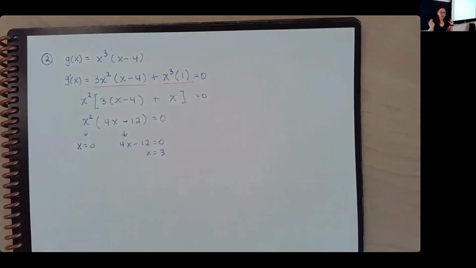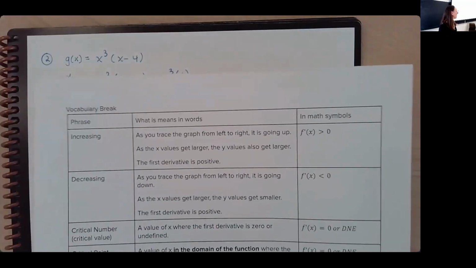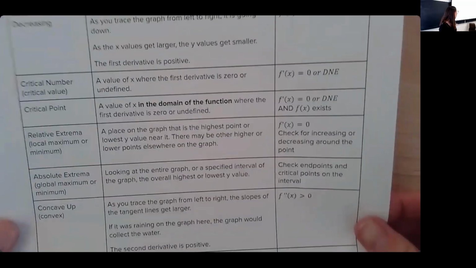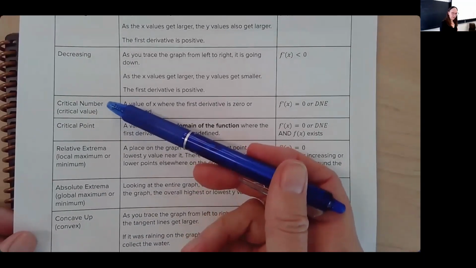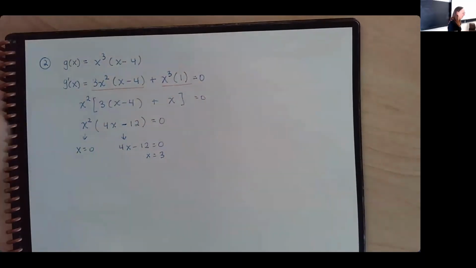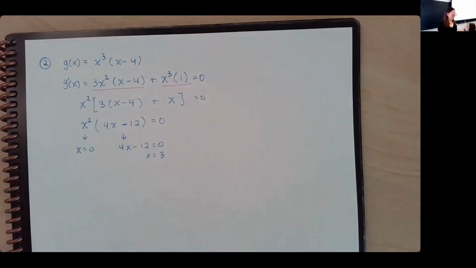Now, there's a real subtlety in the language that someone has picked up on in the chat, and I also included it. I've got a page in the handout that says vocabulary break, and I've included the difference between a critical number or a critical value and a critical point. There's a real subtle difference here. So I get the critical numbers from anywhere that my derivative is equal to 0 or undefined.